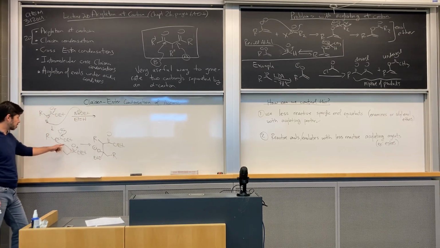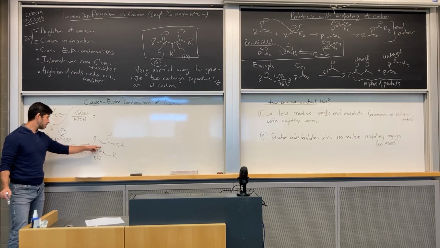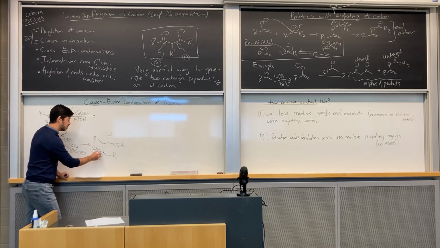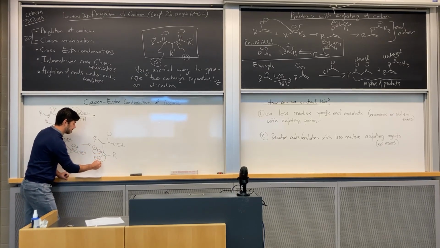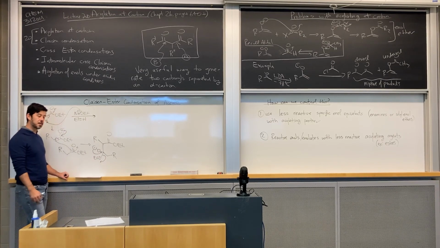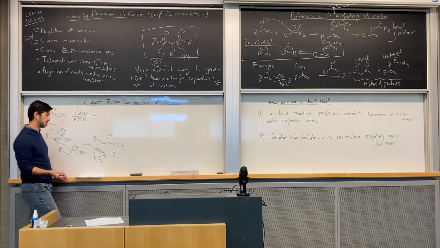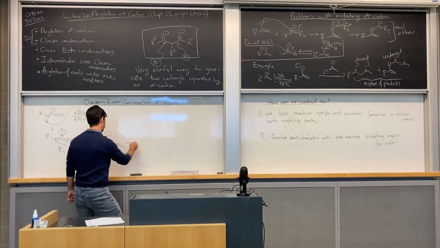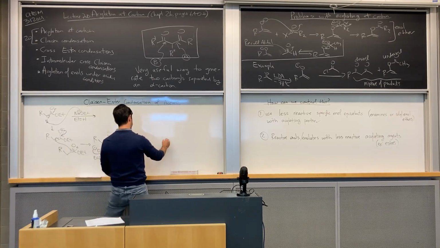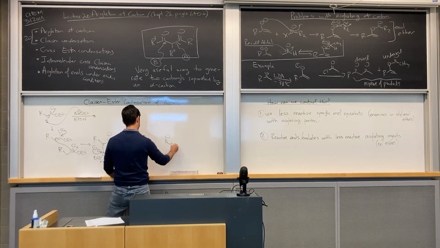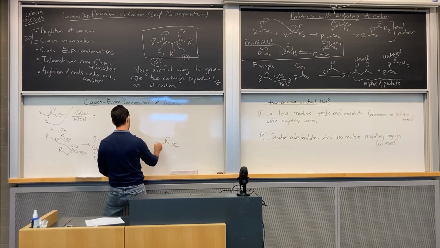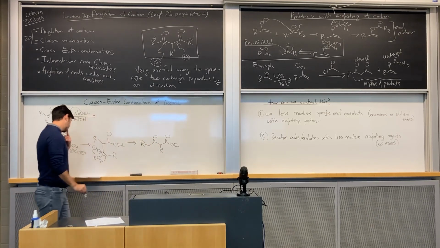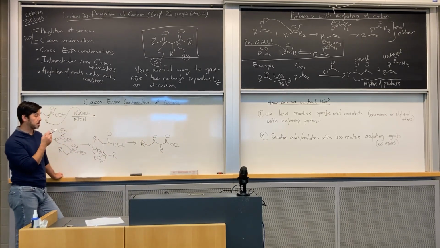That's your new carbon-carbon bond right here. And then this will come down, displace off your ethoxide group, which is also your base. So that's good. And what you're going to generate is you'll generate this compound as I'm showing you here.